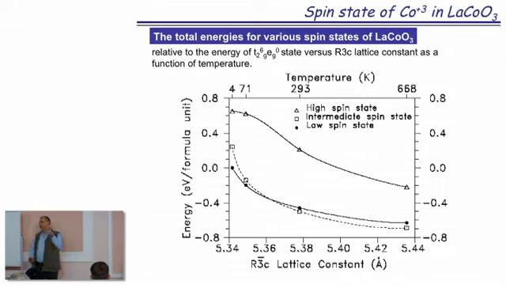So T2G splitting decreases, and then magnetic states become more favorable. And here, that is how we reproduce it. First, low spin state is below magnetic, but approximately at room temperature, magnetic solution becomes a little lower. So that's how we were able to reproduce transition from magnetic to non-magnetic state.